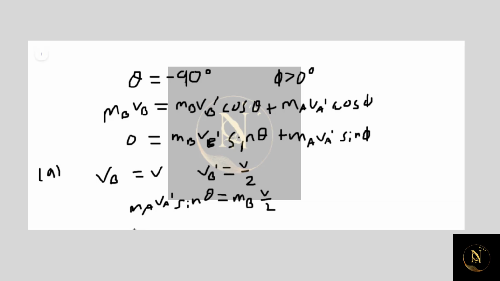Then we have ma va prime cosine phi, for the x part, is equal to mb times v.